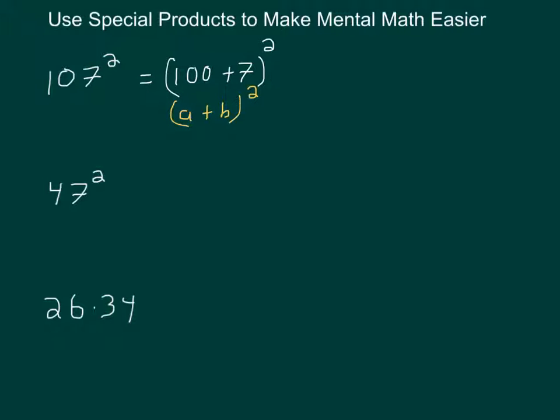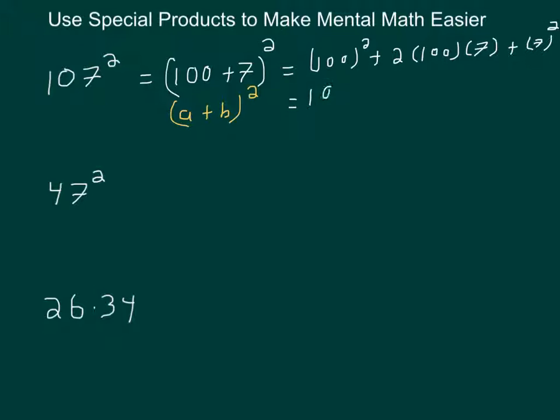Well, if I remember the formula correctly, I can just plug in and get numbers that are a lot easier to work with. I know that I'm going to have 100 squared plus 2 times 100 times 7 plus 7 squared. And these are actually a lot easier.